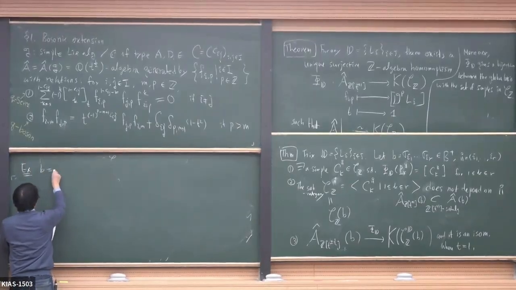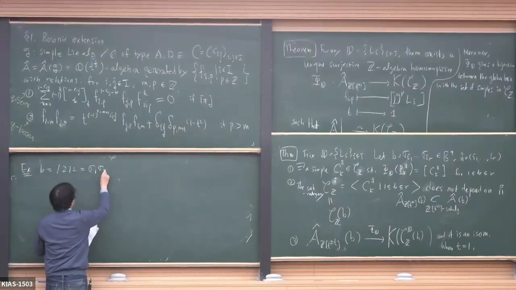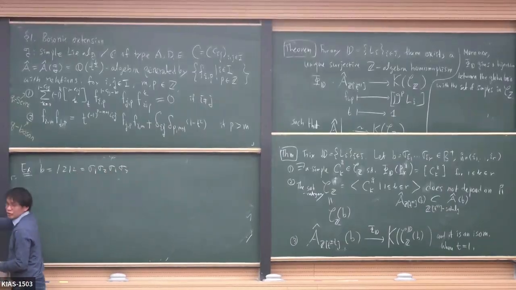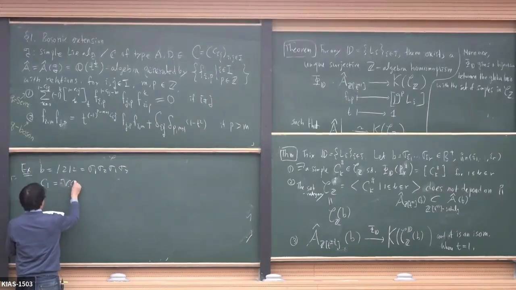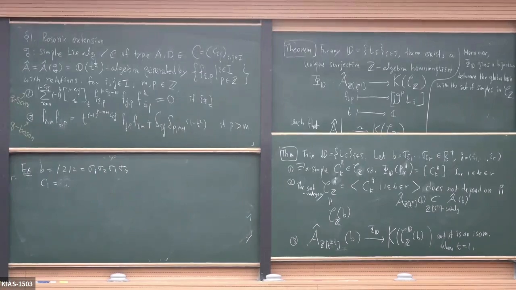So the example is: if B is 1, 2, 1, 2, so sigma 1, sigma 2, sigma 1, sigma 2 is still here. I calculated this in the morning, and the corresponding modules are, I can write here, C1, C2, C3, C4.